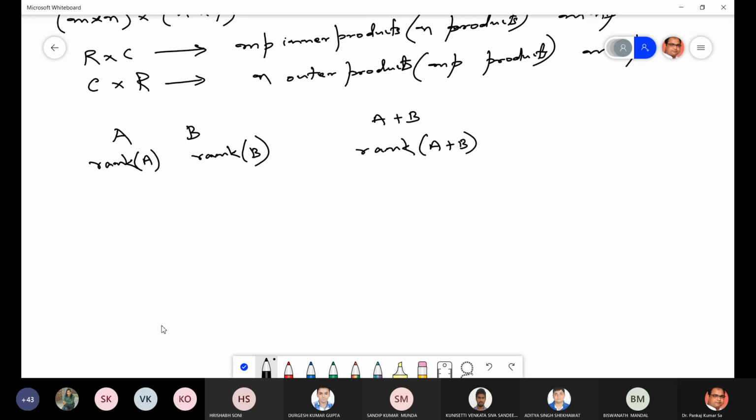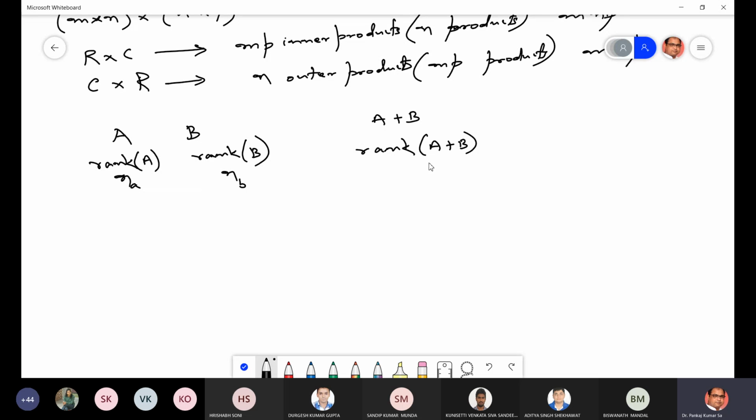What is a rank? Rank is the number of independent columns or rows. Let us talk about independent columns. Say A has na independent columns and B has nb independent columns.